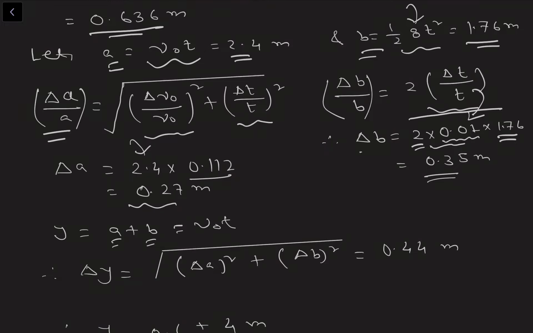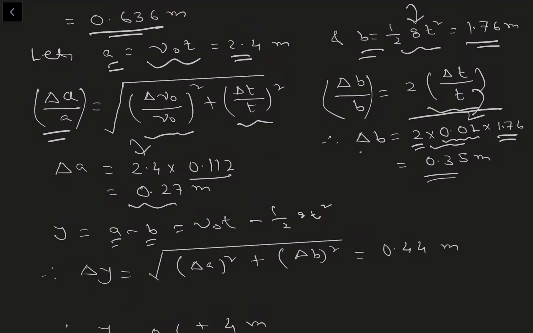Now y basically consists of A plus B, v0 t minus half g t square. Sorry, don't write A plus B, instead write minus. Now we have to use the addition or subtraction rule.